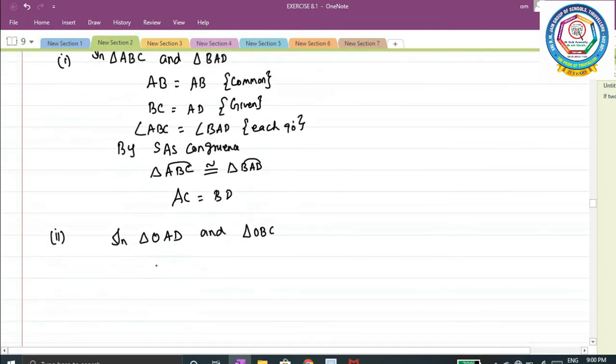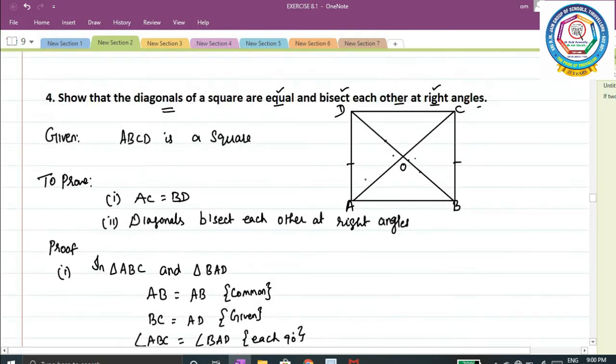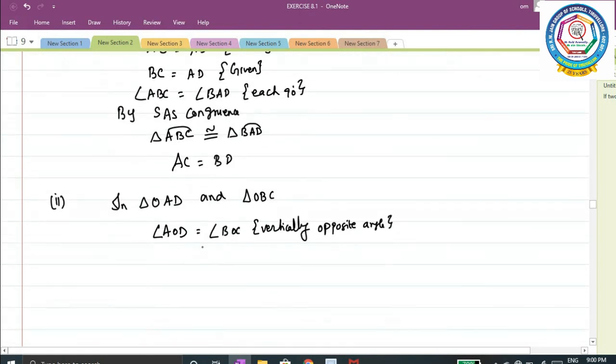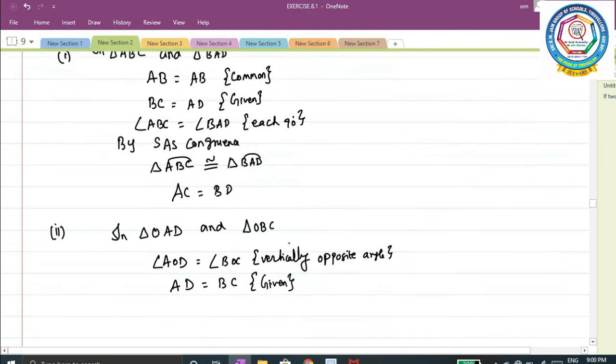So angle AOD is equal to angle BOC, vertically opposite angles. Next one, in both triangles AD is equal to BC. It is given because it is a square. Square means we know that all sides are equal.